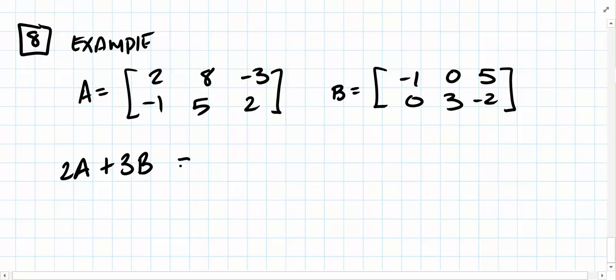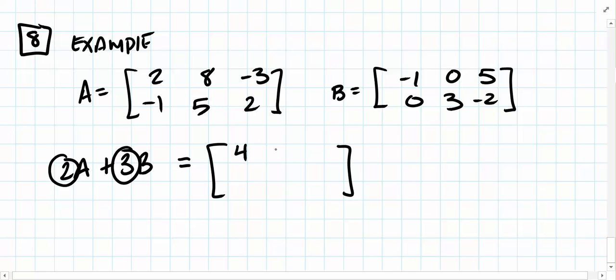So 2A plus 3B. What do you think we do? Well, 2 is acting as a scalar for A, and 3 is acting like a scalar for B. So 2 times A would give me matrix what? 4, 16, -6, -2, 10, and 4.